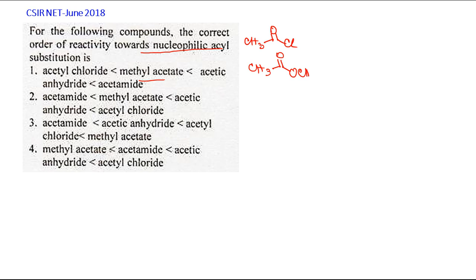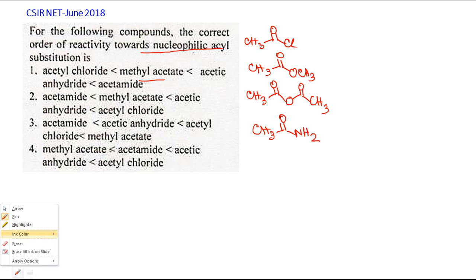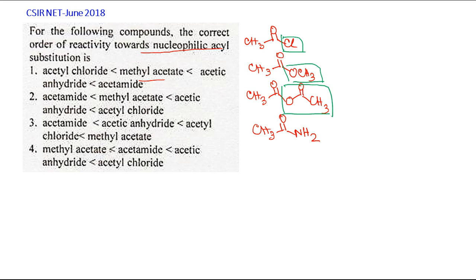So this is methyl acetate. Then we have acetic anhydride, CH3CO-OCO-CH3, and we have one more species which is acetamide, CH3CONH2. Now here one thing is common. The CH3CO part is common, so just Cl, OCH3, then OCOCH3 and NH2.